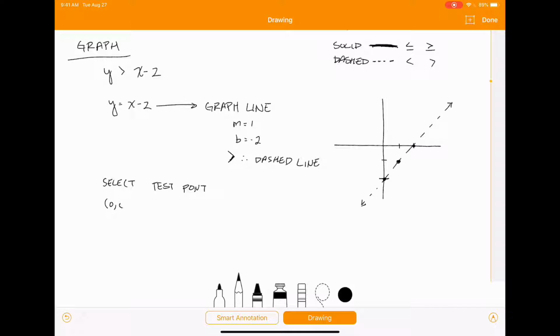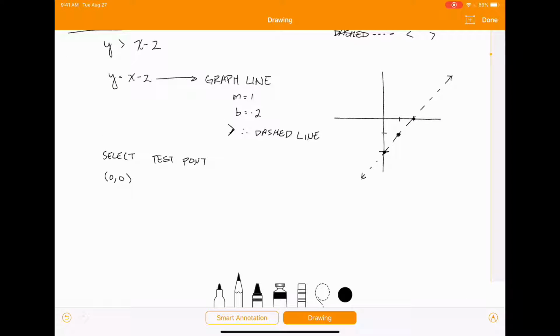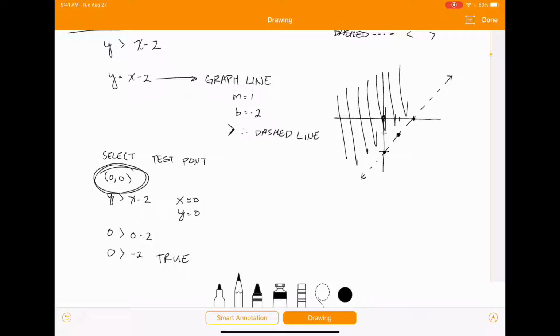So again, I'm going to use 0, 0 in this example, and you just go ahead and plug this solution back into your inequality. So we know that x equals 0, y equals 0. We're going to plug that in, so 0 is greater than 0 minus 2, 0 is greater than negative 2. That's true. So 0, 0 is a solution, so that side of the line is going to be shaded. So 0, 0 is right here, so this side of that dashed line is all shaded.